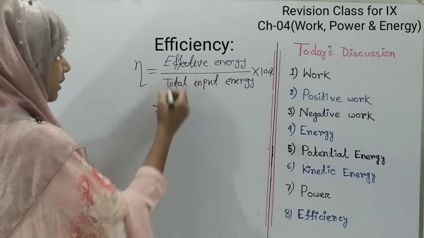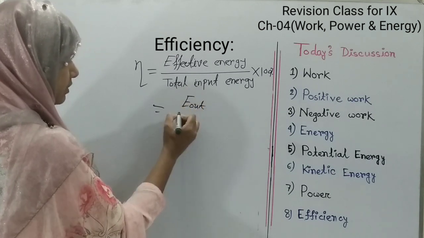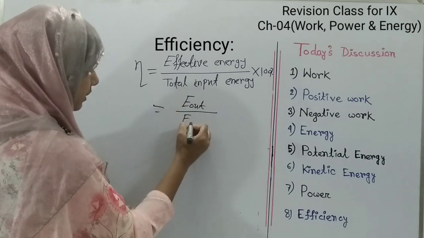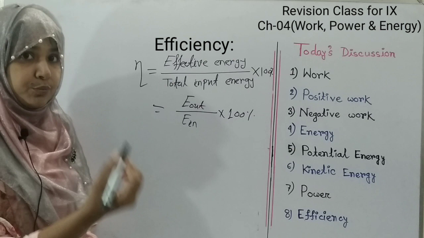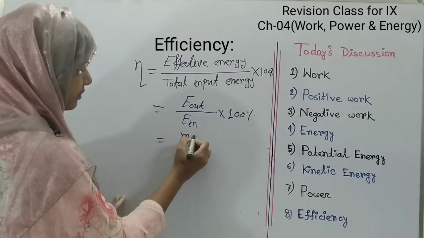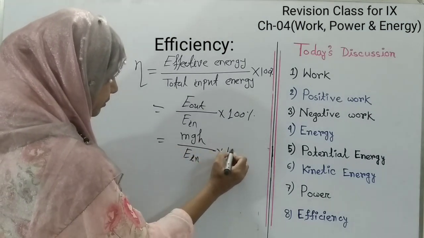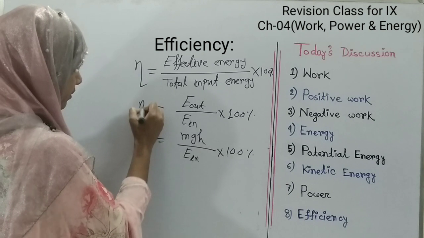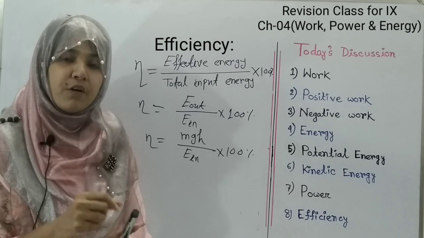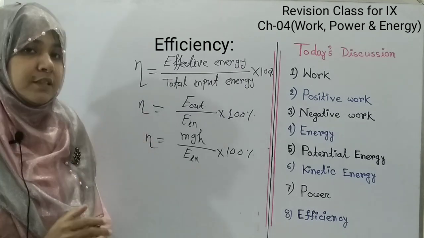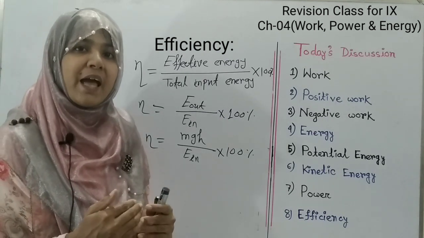Here, instead of effective energy we can write output energy, so eta equals E output by E in into 100%, and output energy means mgh, so mgh by E input into 100%. Sometimes efficiency is also denoted as the ratio of output power and input power.